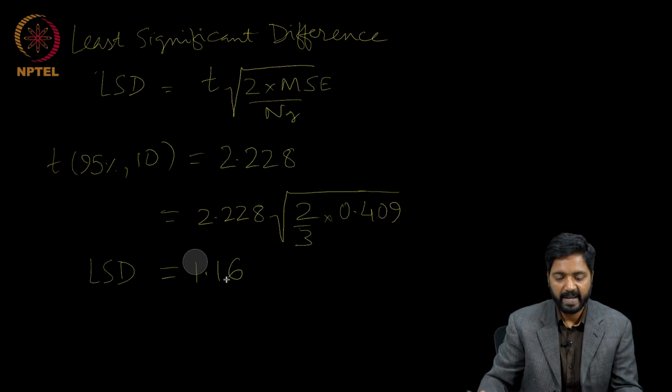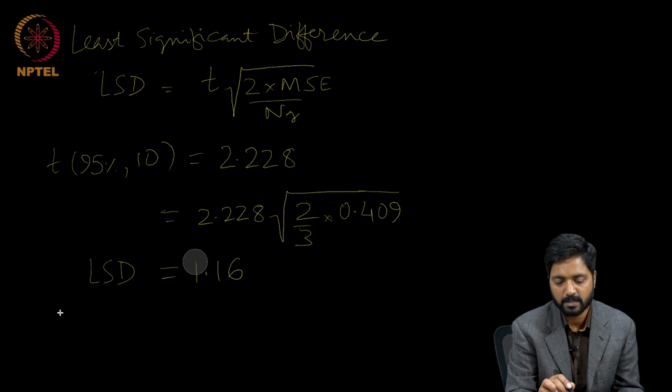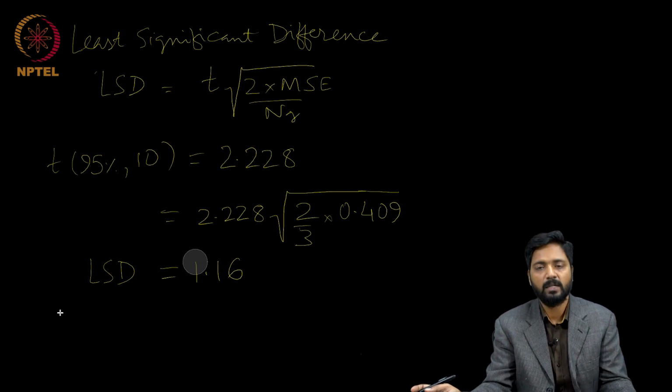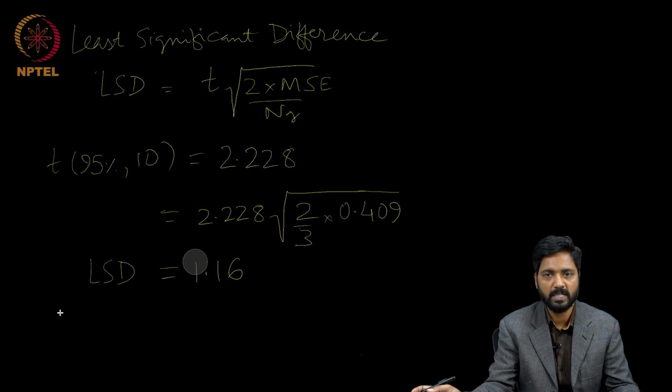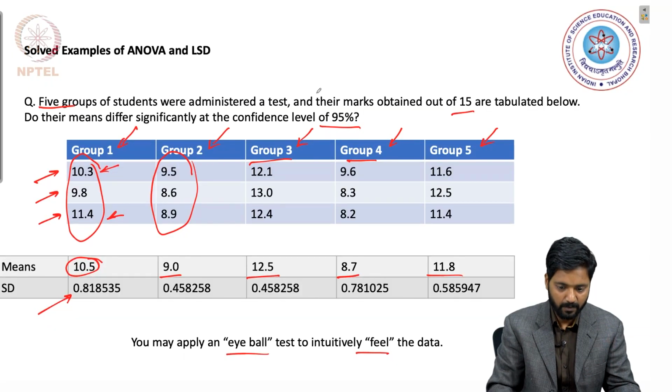Any group or sample means which we compare, if the difference between the means is greater than 1.16, are considered to be statistically significant.